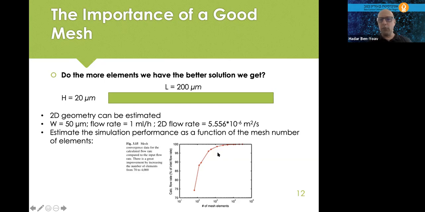So a good place to work is around 95, 98% accuracy. And during your build of the simulation, we want to test for different mesh elements and find where is the most efficient number of mesh elements that we want to be.